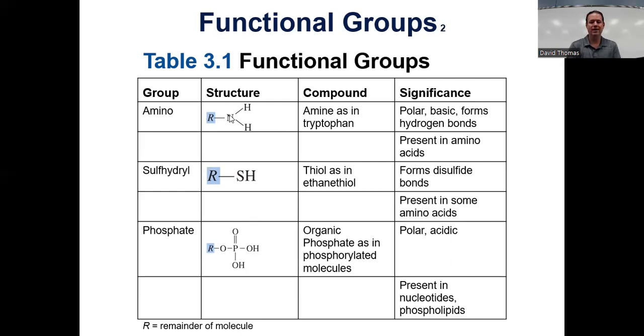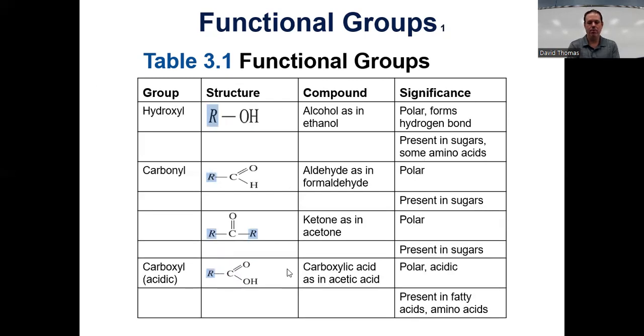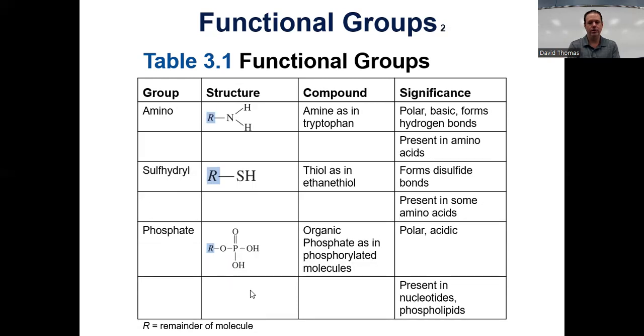A good place to locate that would be amino acids. I know we haven't talked about amino acids yet, but we will. Those are the building blocks to make proteins, and those amino acids will have an amino group and a carboxyl group associated with them.